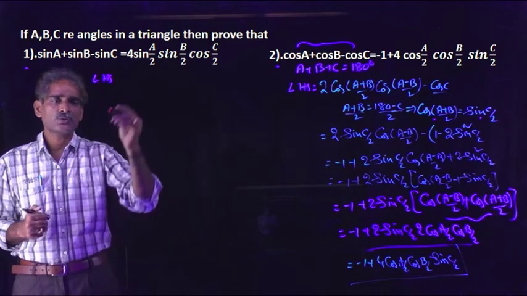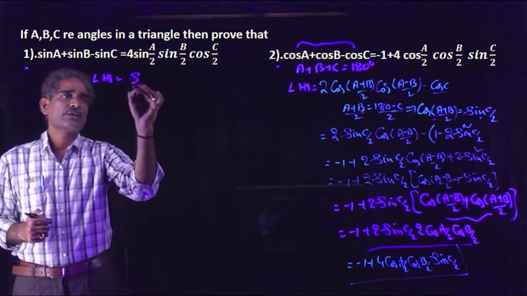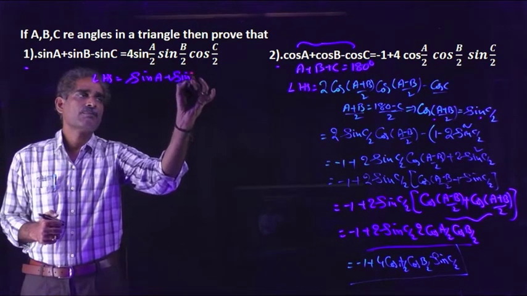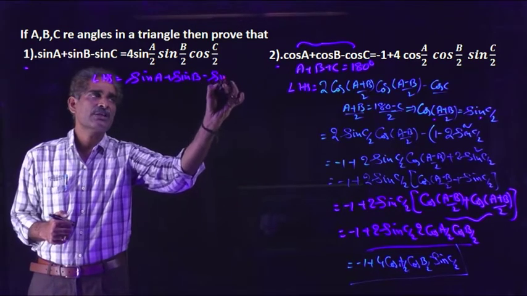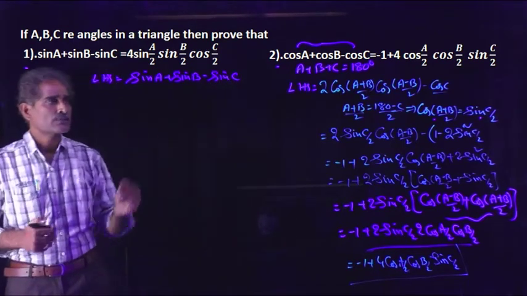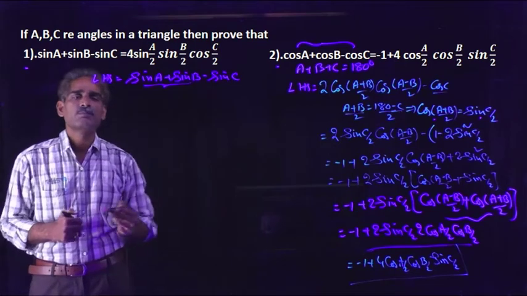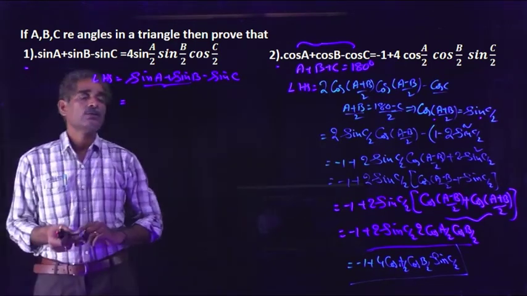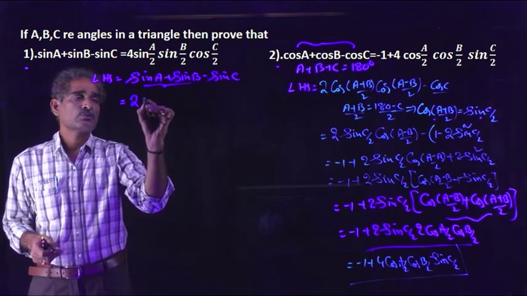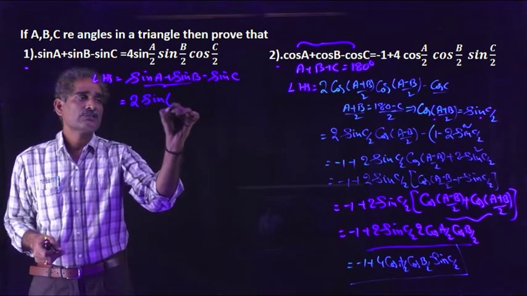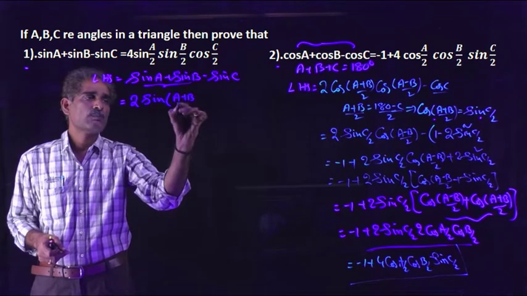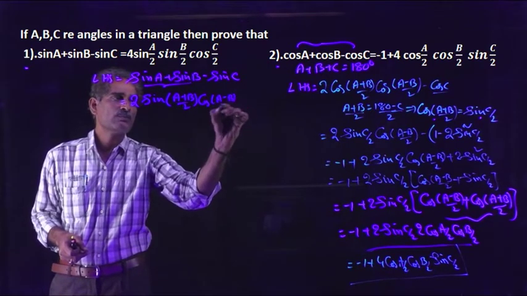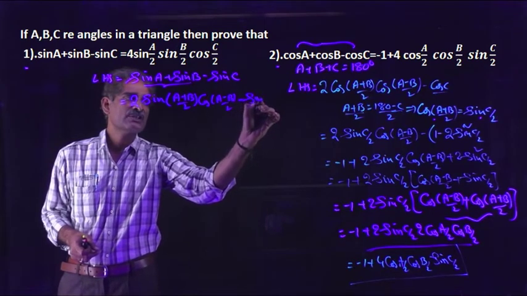So what is LHS? sin A plus sin B minus sin C. So apply the formula for the first two. sin C plus sin D is 2 sin((C+D)/2) cos((C-D)/2), minus sin C is there.